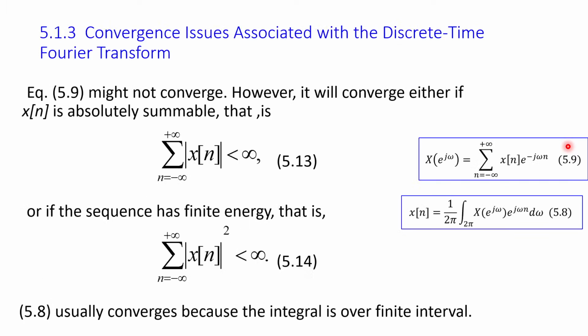Oh, we can talk about convergence. Convergence is really quick. Just like the Discrete-Time Fourier series, because it's discrete, the convergence is a little easier. But sometimes you still have a problem. So remember our 2 formulas: big X is the summation from n minus infinity to infinity, and small x is the integral over 2 pi.